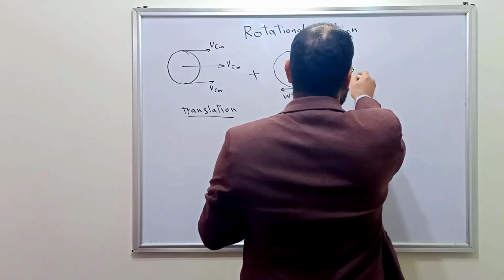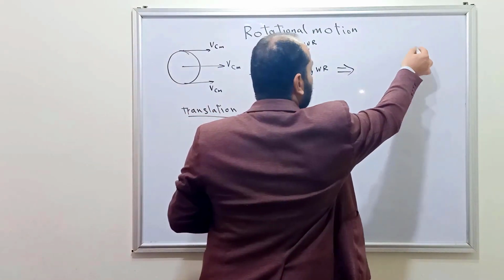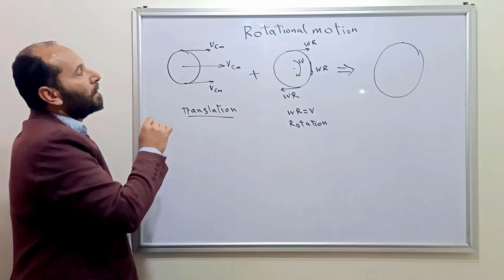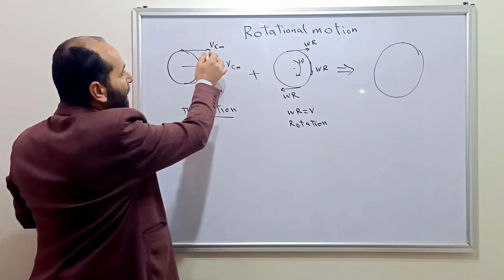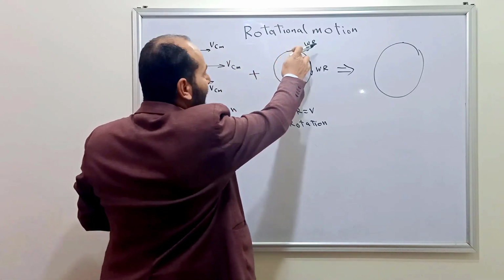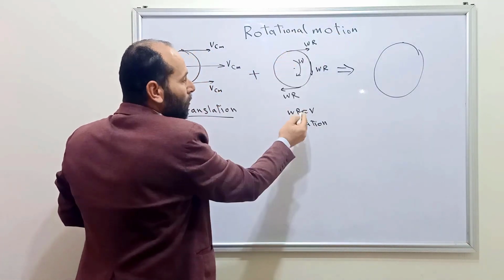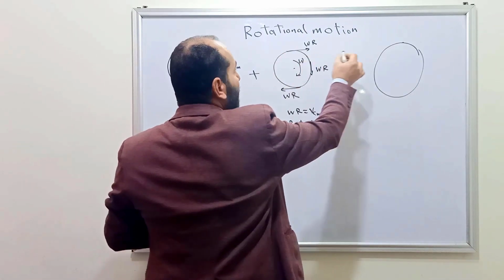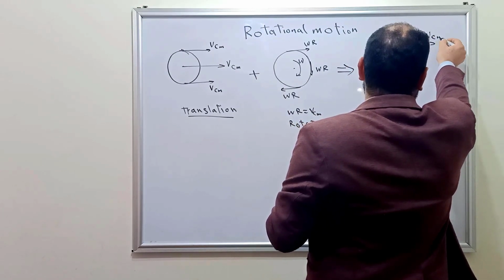So we can find at this point the translation velocity equals VCM, and here, in the same direction, omega r, which equals VCM.